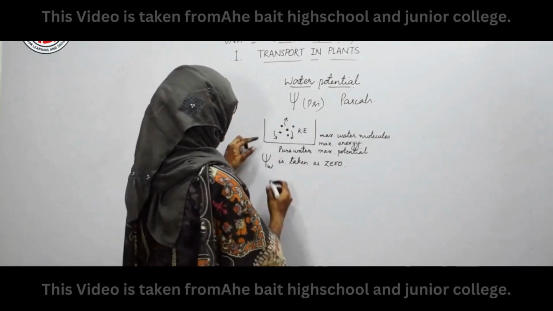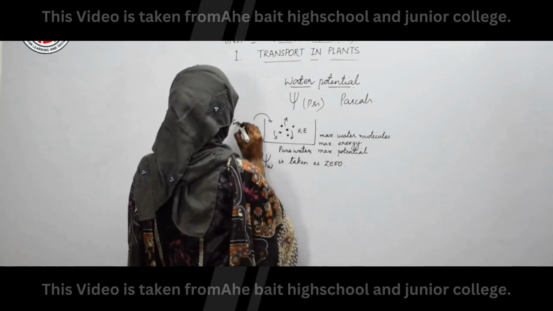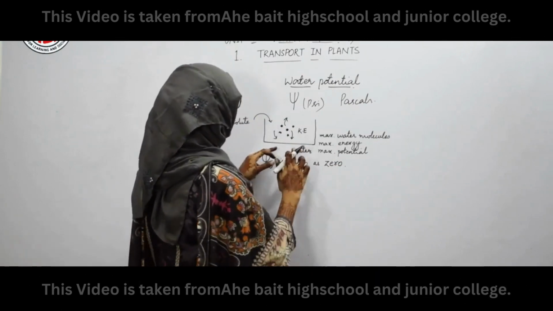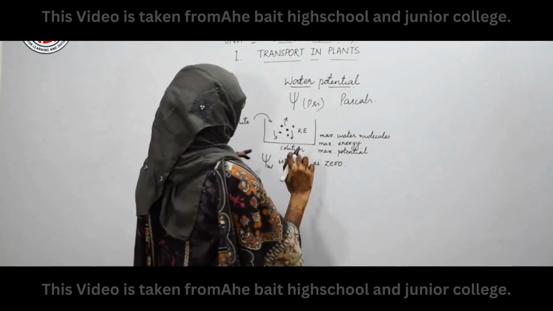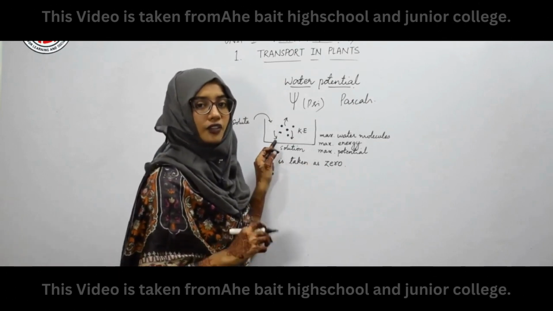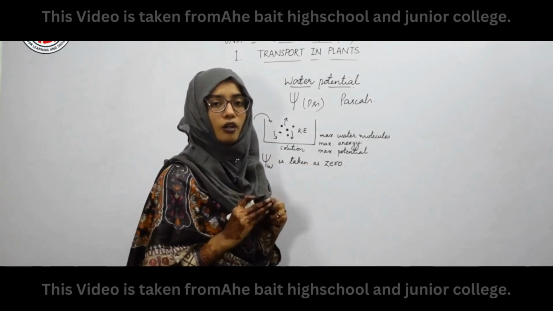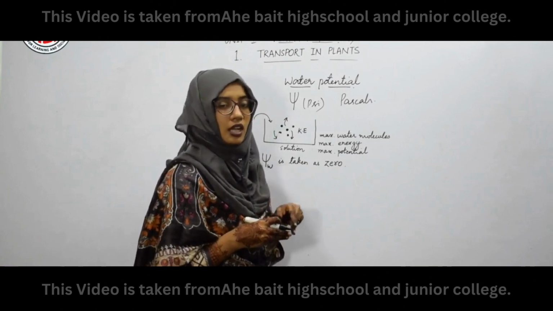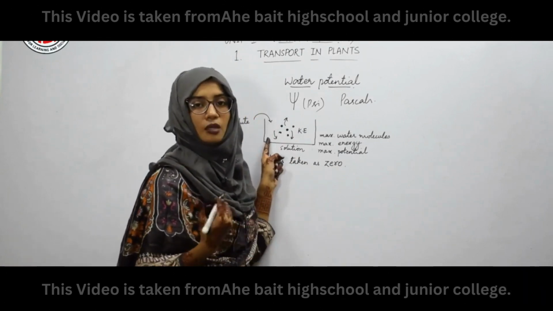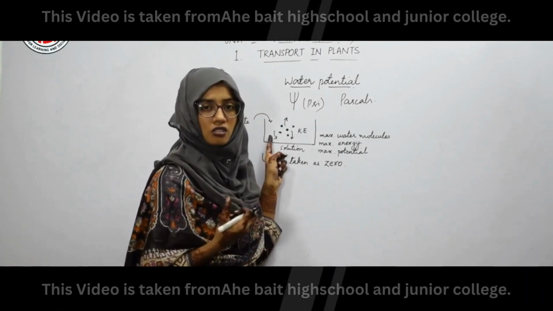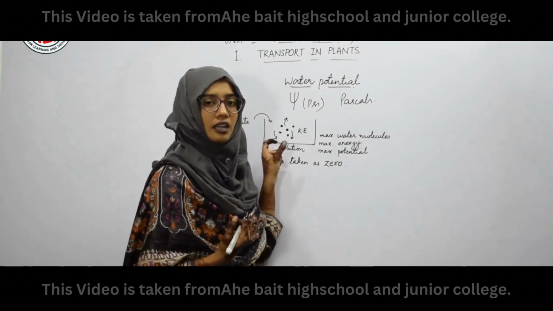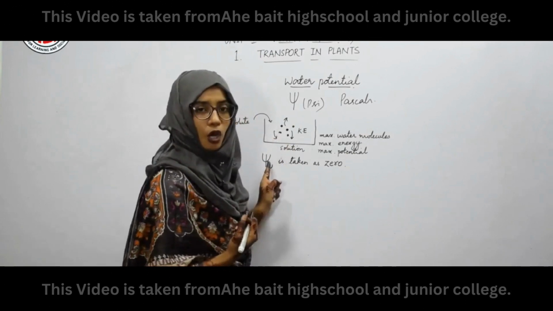Now when we add some solutes to pure water, it becomes a solution, and in the solution there is a smaller amount of water molecules. Hence the energy and the potential possessed by the water molecules are less when compared to pure water.